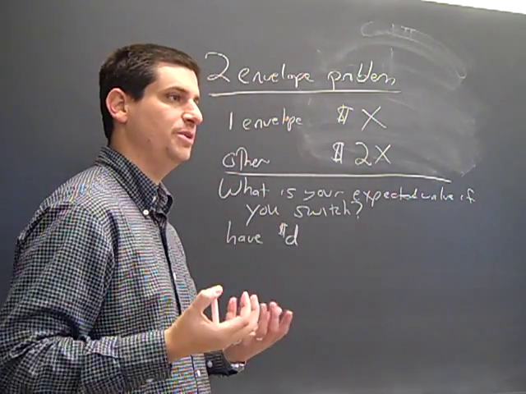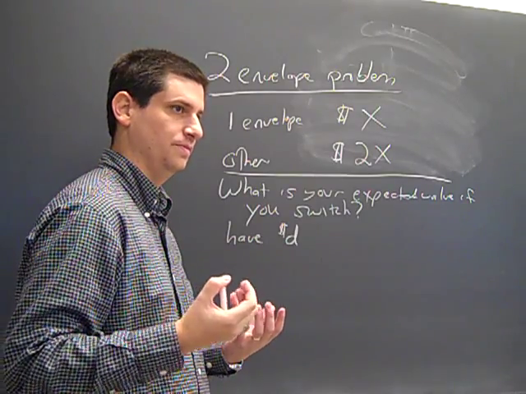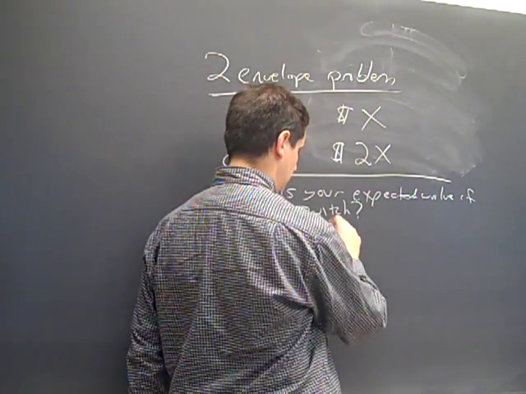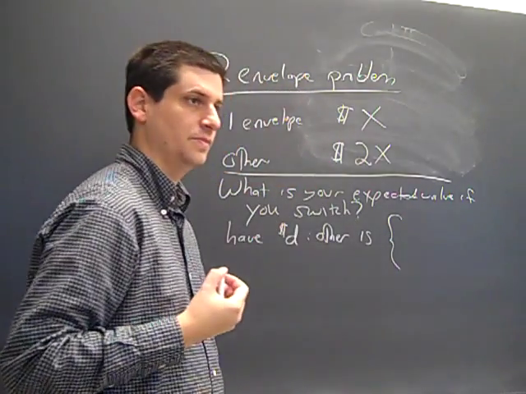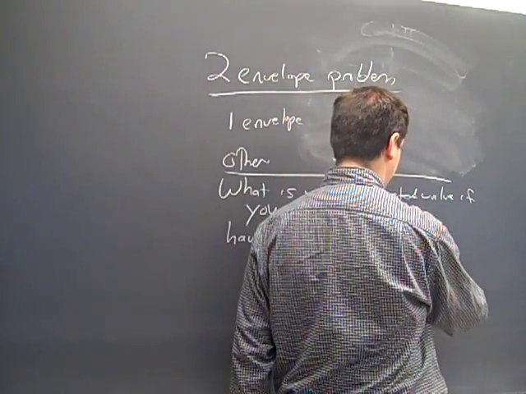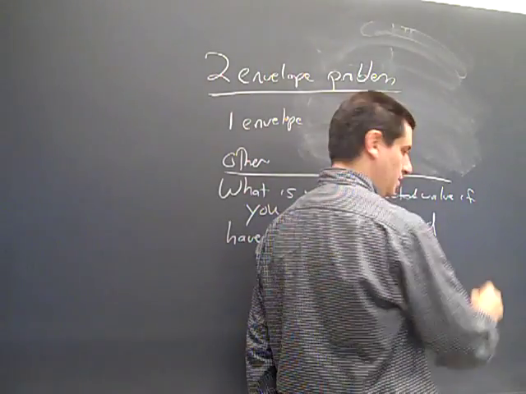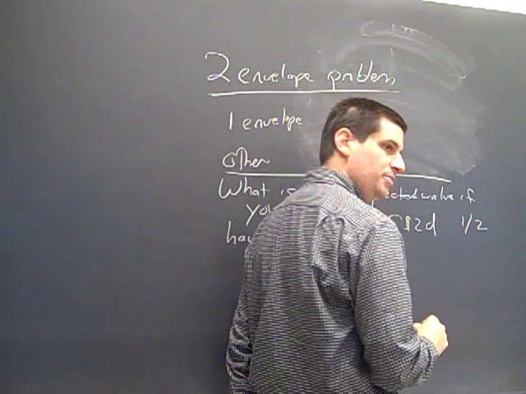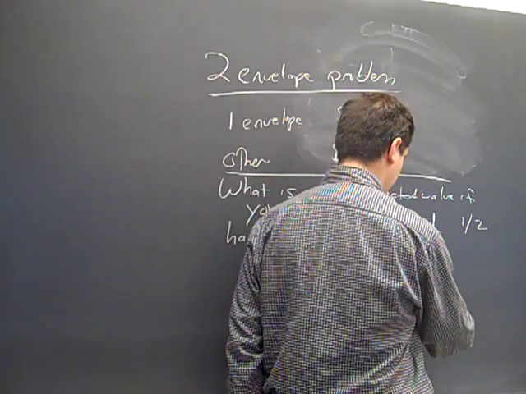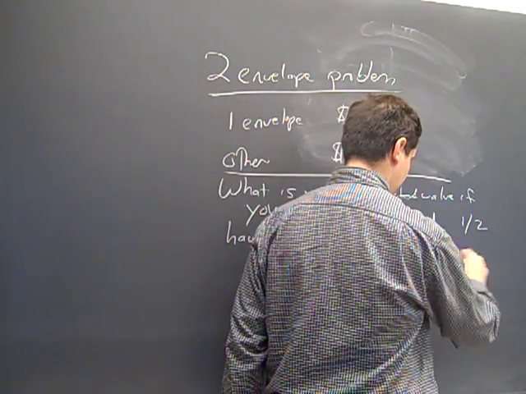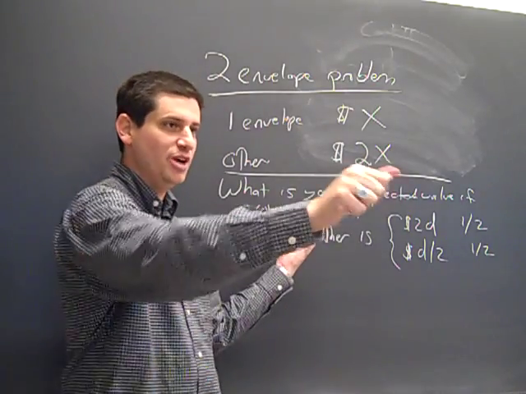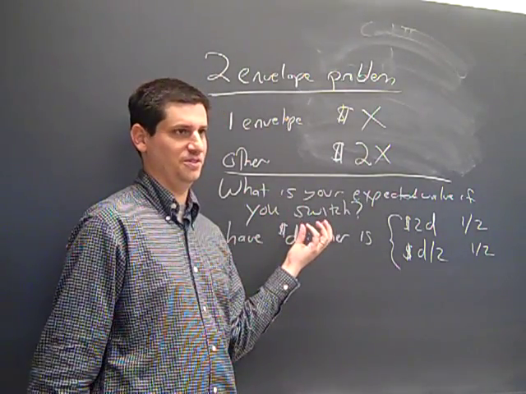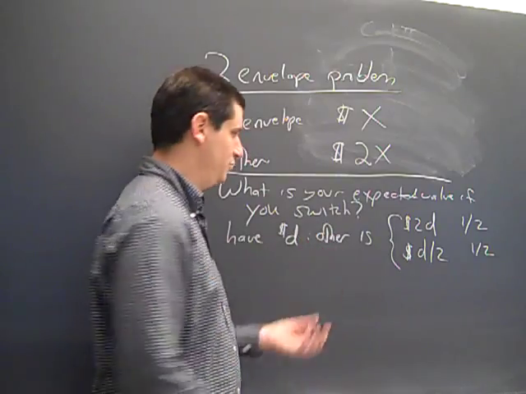What are the possibilities for the other envelope? 2D. And how often do you have 2D? Half the time. And what's the other possibility? Half the time. So, if you keep your envelope, what's your expected value? D.